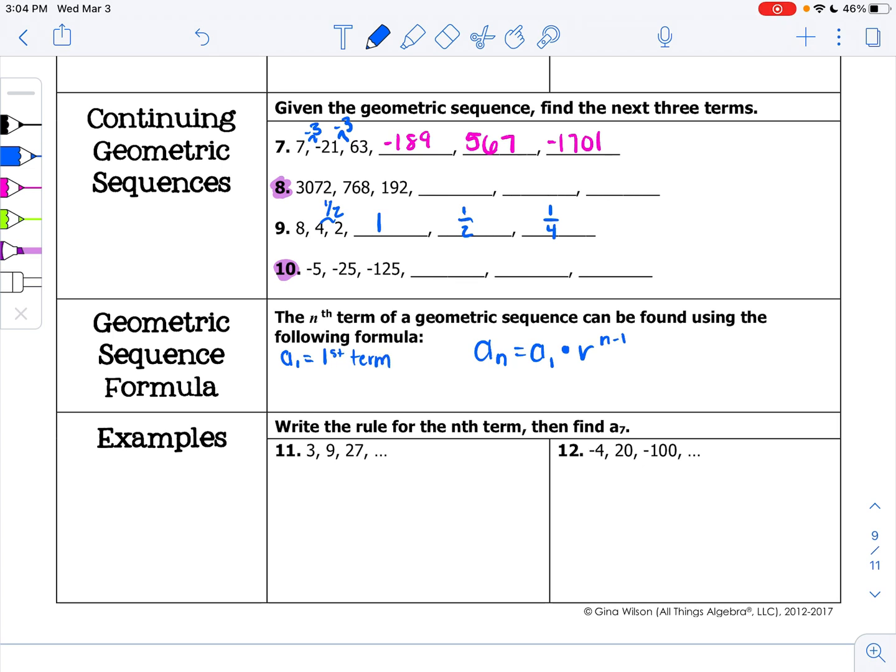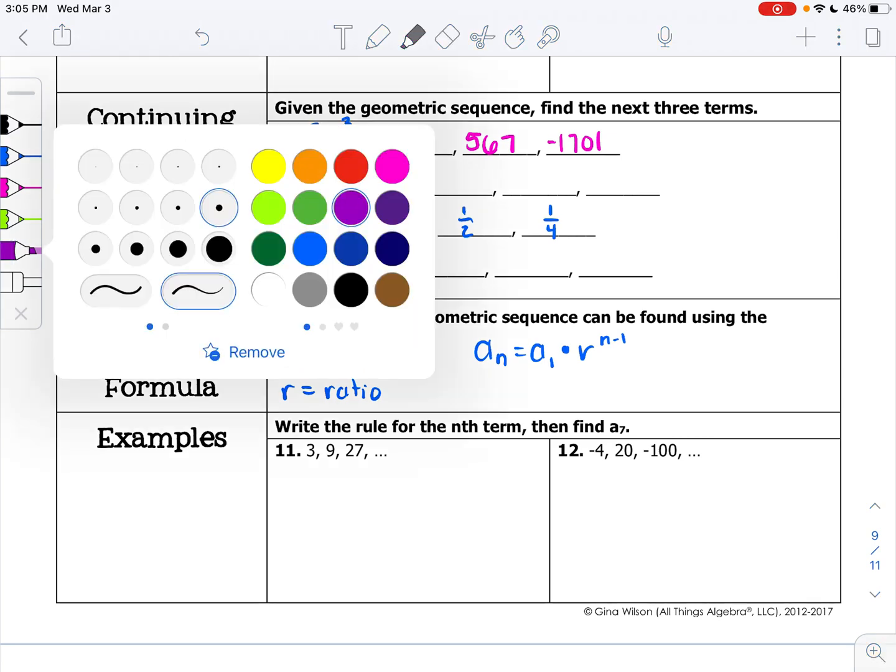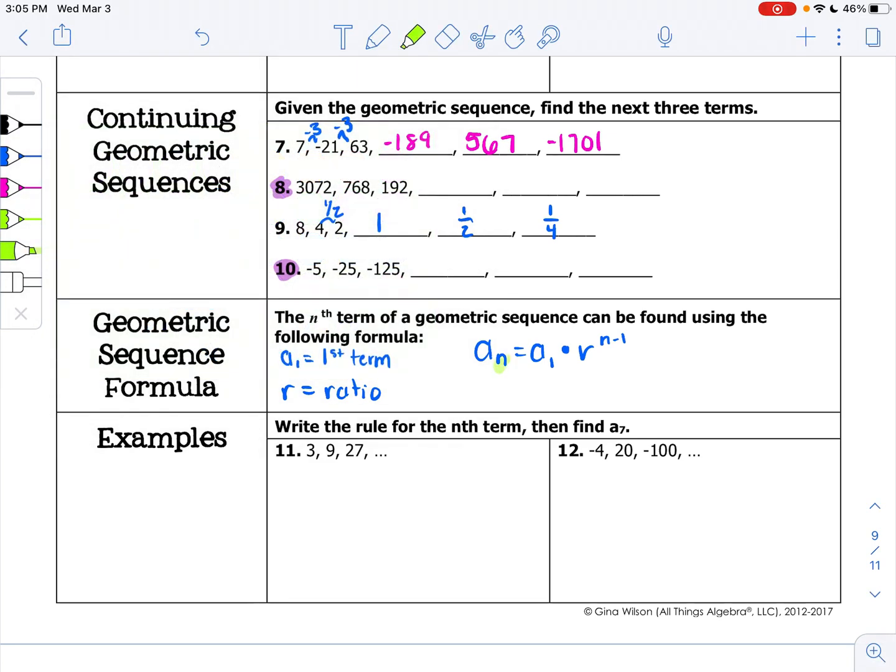So you can replace that with the first term in your sequence. The r is going to be that common ratio. So when you divide a term by its previous, that will give you that ratio. And then this n here should just be replaced with the number you're trying to find in the sequence.